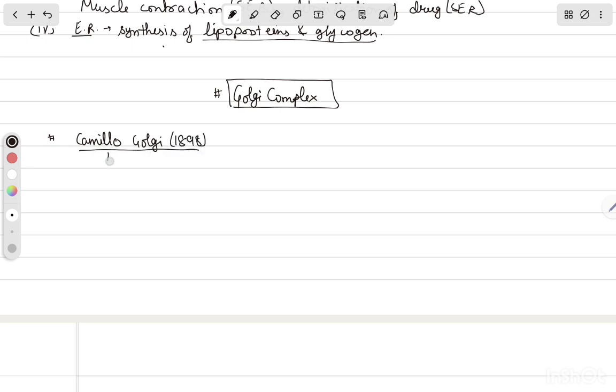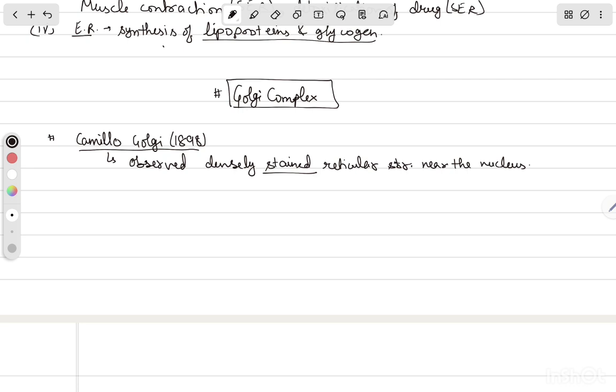He observed densely stained reticular structure near the nucleus. If we are talking about stain structure, then which stain is used for Golgi apparatus or Golgi complex, that is also important, right?